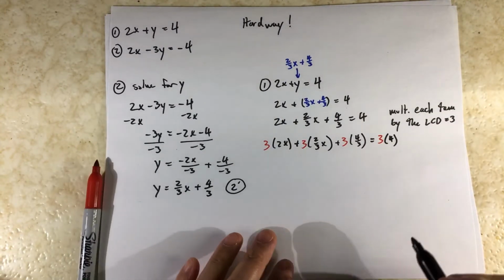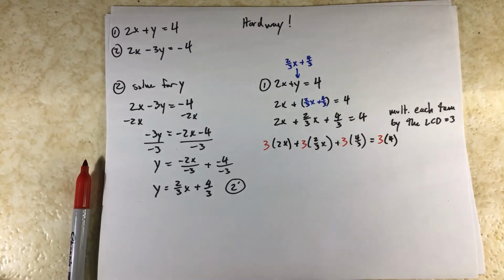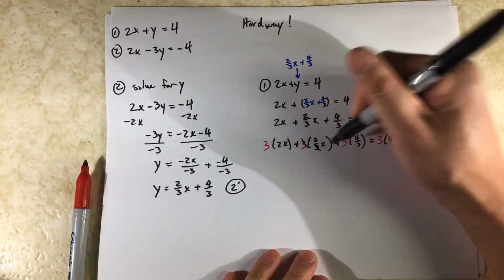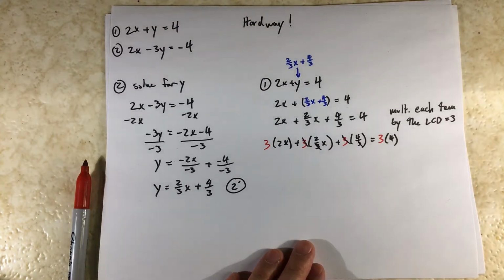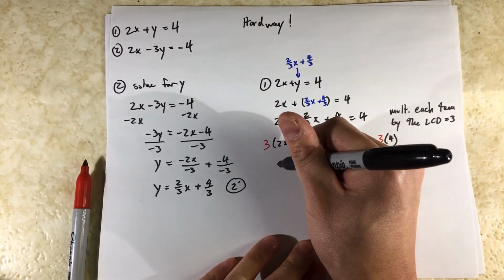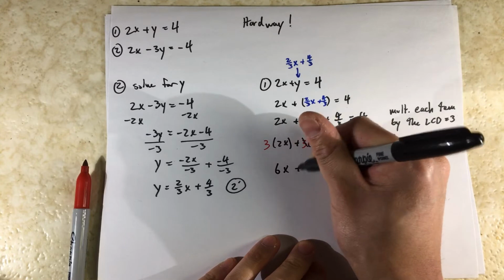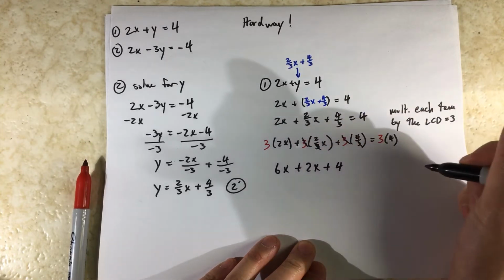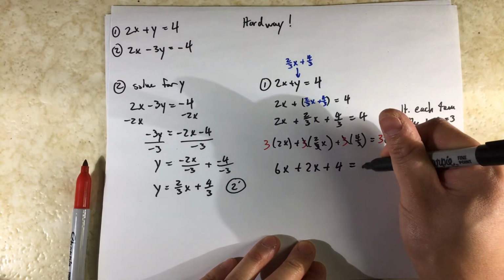All right, so what that does for us, which is kind of nice, is it gets rid of our denominators. So 3 over 3, 3 over 3, those cancel out. So what we're left with is 3 times 2x is 6x plus 2x plus 4 equals 3 times 4 is 12.